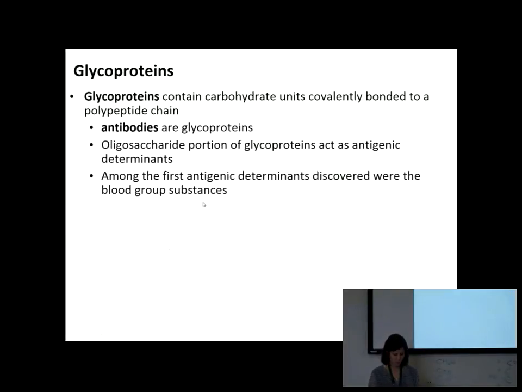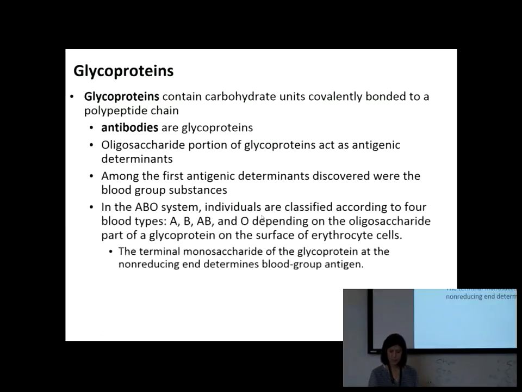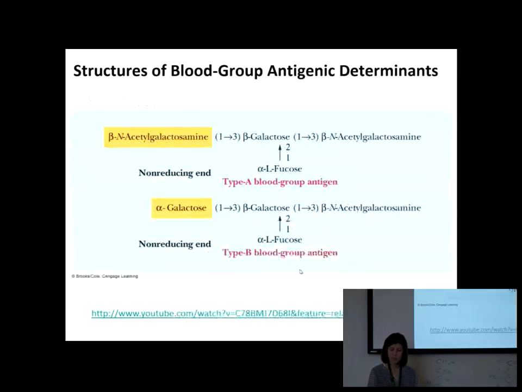And blood groups were the first ones to look at it, to see that the sugars identified were part of the recognition. And so we have A, B, or O, depending on the sugar on the surface of our red blood cells. And so we look at the terminal monosaccharide on the non-reducing end, and that determines your blood group. So we attach it at the end.